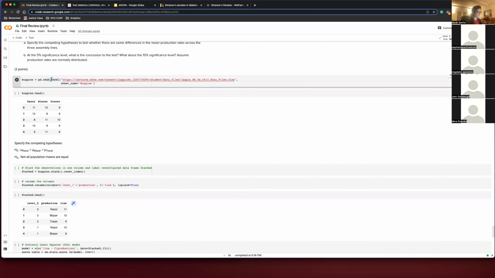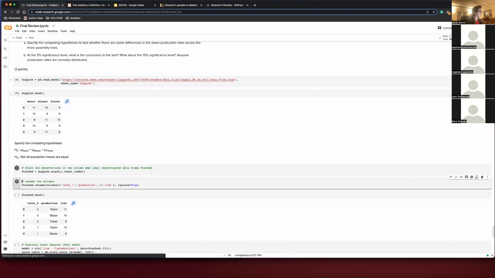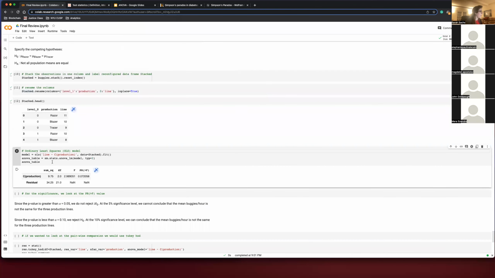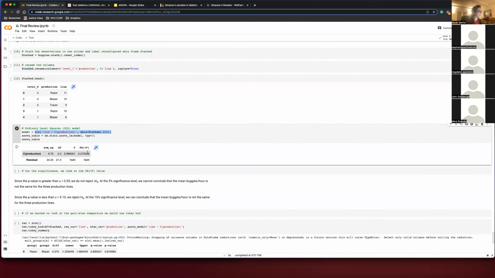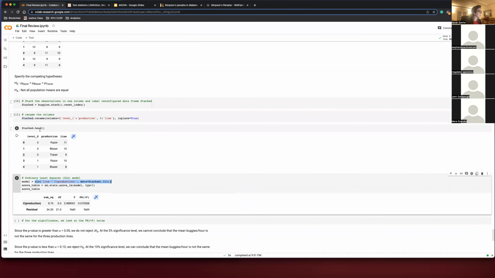Let me run through this a little bit more and talk through why we need to stack it. Because it really relates more to this line of code than anything else, and even just how all of the other types of Anova tests run. Instead of just the head, let me show this whole thing.